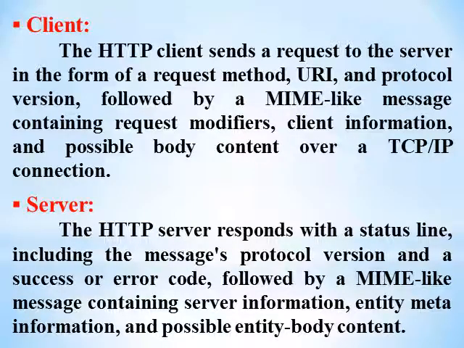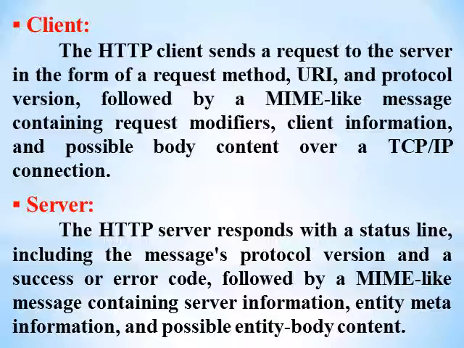Now see the client. The HTTP client sends a request to the server in the form of a request method, URI, that is URL, and the protocol version, followed by a MIME-like message containing the request modifiers, client information and the possible body contents over the TCP/IP connection.